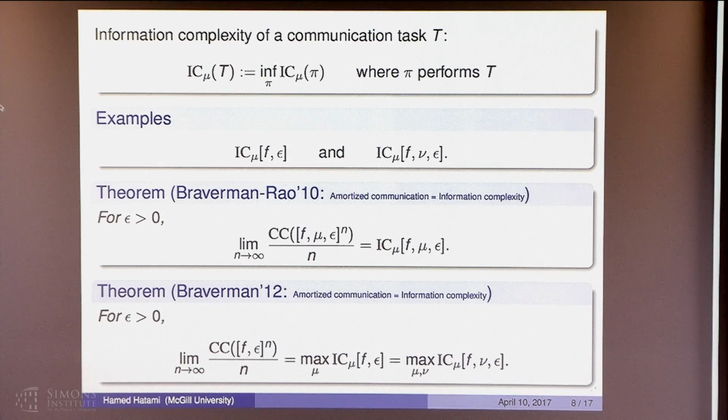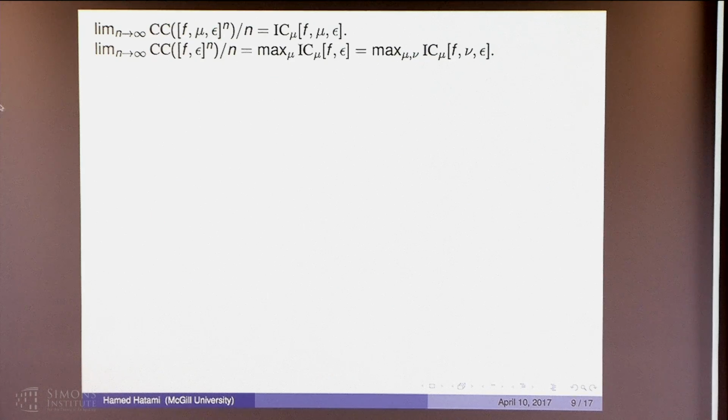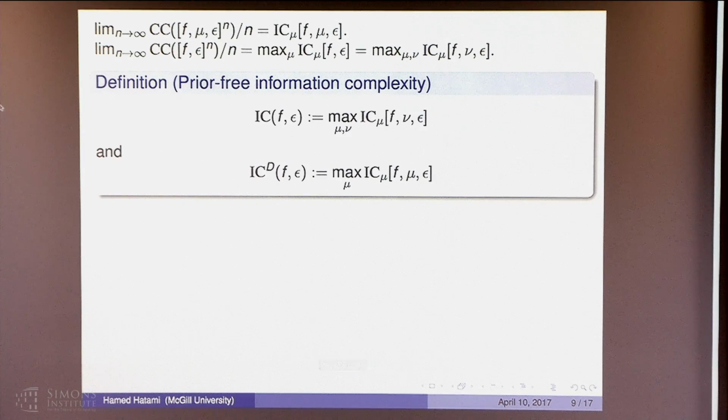Okay, so we have these two theorems, not really observations, they're really both great theorems that are written up there. Now, from those, Braverman defined the following. So if you look at those, you would want to define the following thing, which is prior free information complexity, which is, let's look at the hardest distributions and see what is the lower bound we can get for the information.